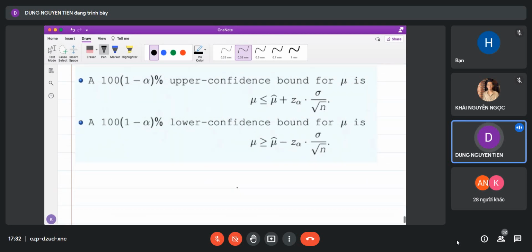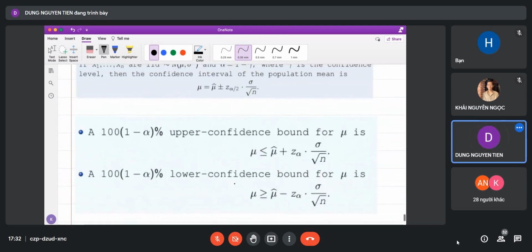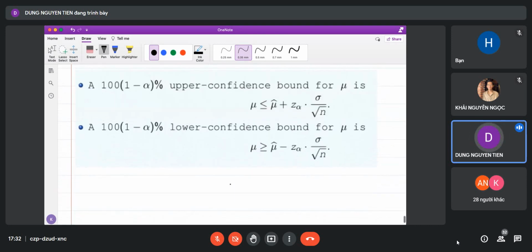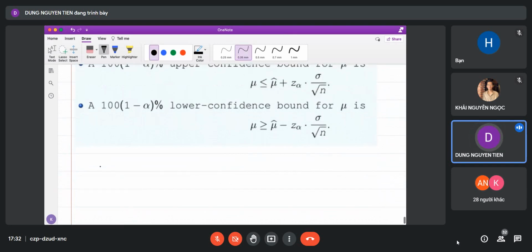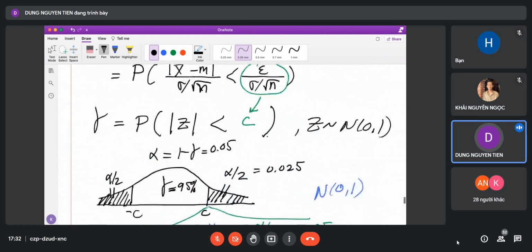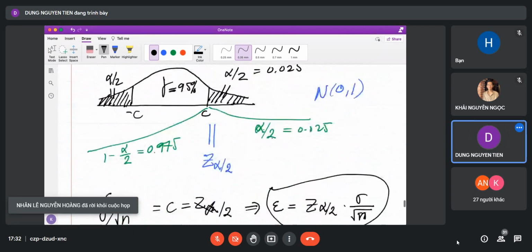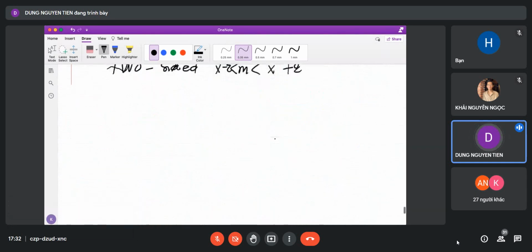The last thing I want to talk about is how to determine the sample size. Let's say you need the error to be less than epsilon 0. We can fix gamma and determine epsilon, but what if epsilon is greater than what you want?